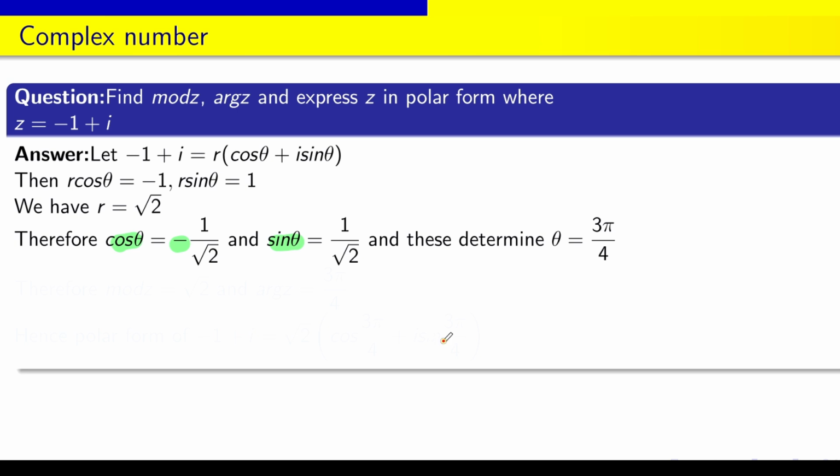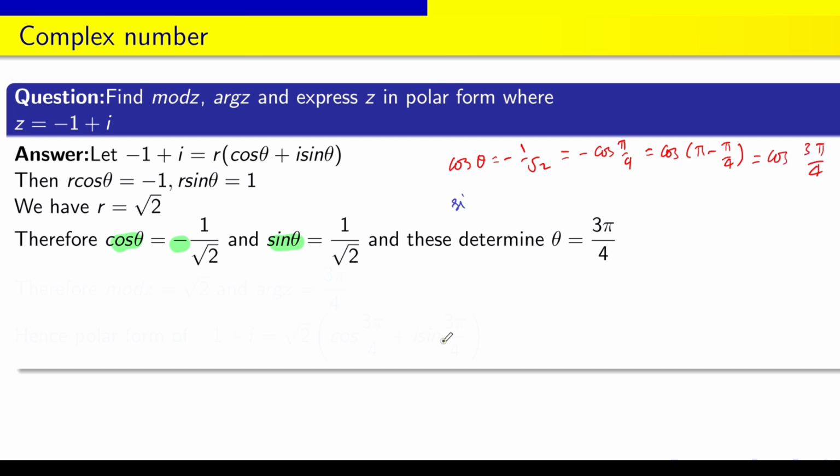As we know, cos theta is equal to minus 1 by root 2. Minus 1 by root 2 is minus cos pi by 4, and this can be written as cos of pi minus pi by 4, because cos of pi minus theta is equal to minus cos theta. This will give you cos of 3 pi by 4.